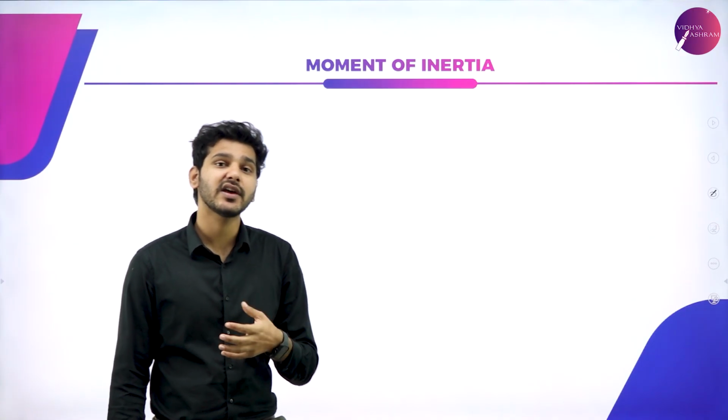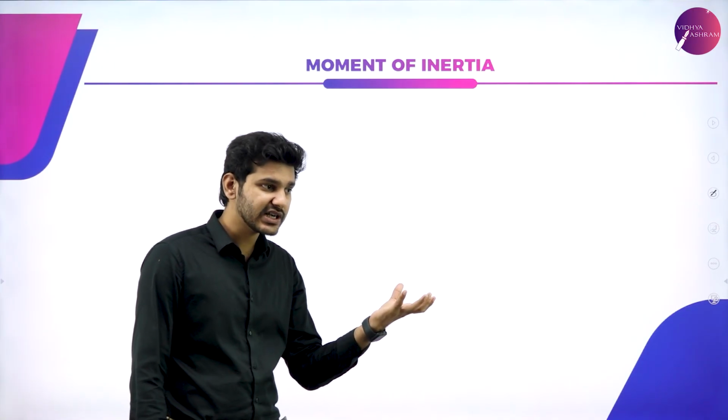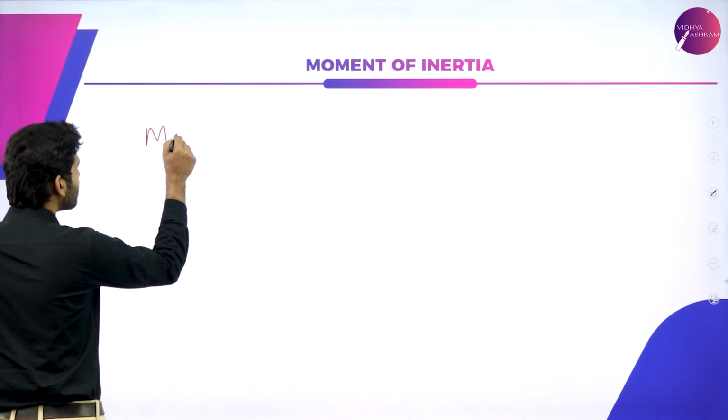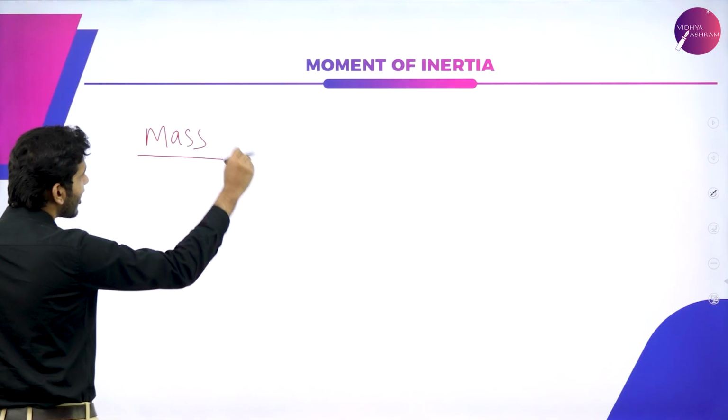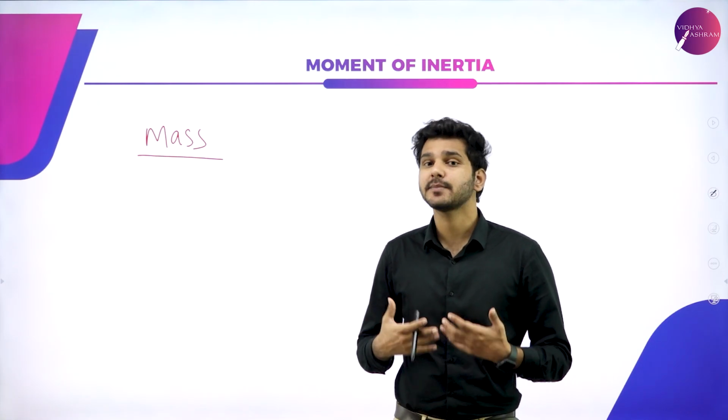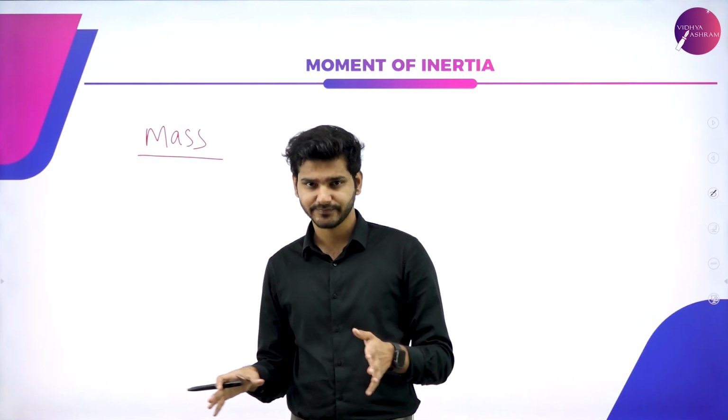Just like when I told you before, every quantity will have an analogous term in the rotational sense. Here we are going to learn about mass. When mass is reluctant to move, we say mass has inertia, or simply mass is the measure of inertia of anything. Right.